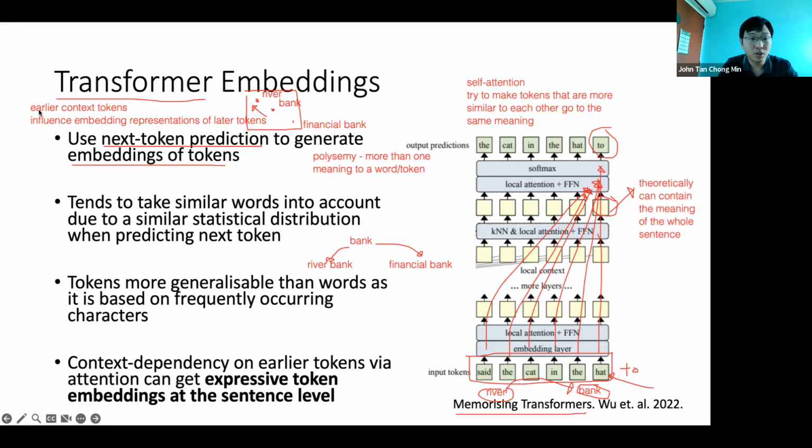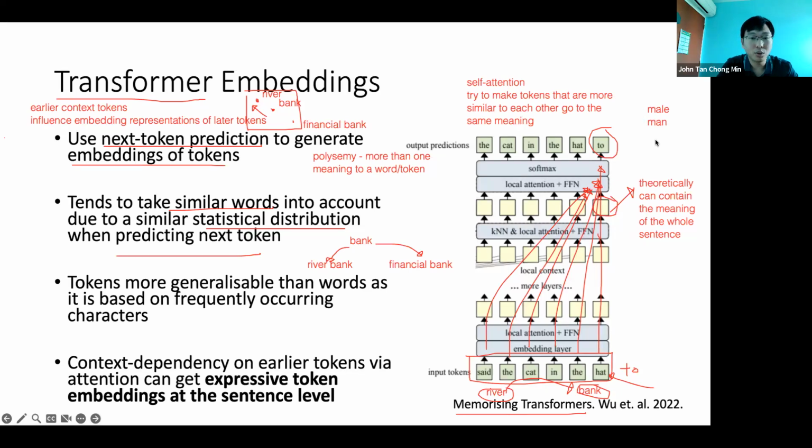And the idea of next token prediction is that if you take similar words into account, you can actually reduce the statistical distribution when predicting the next token. Let's say you predict the next token as male or man, these two words could mean roughly the same thing.